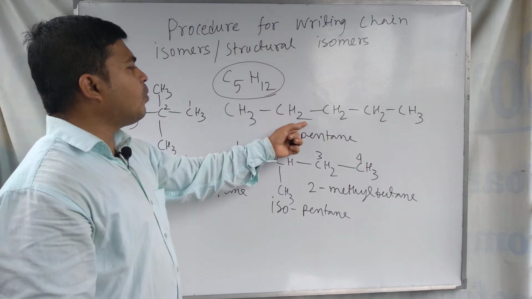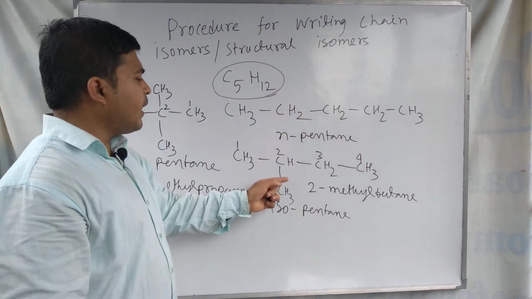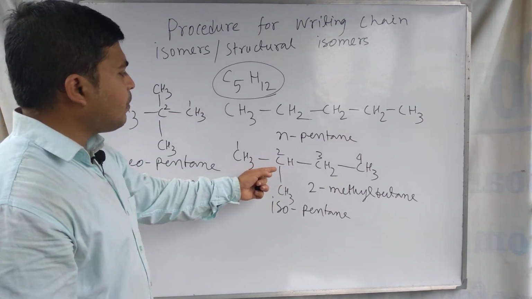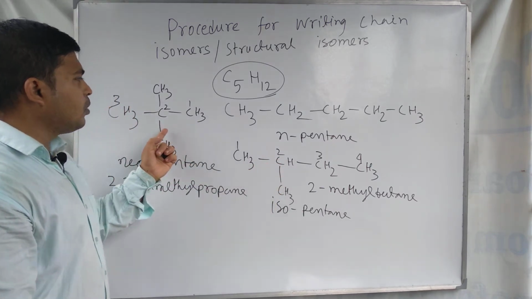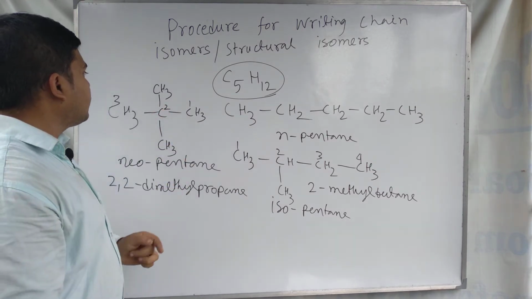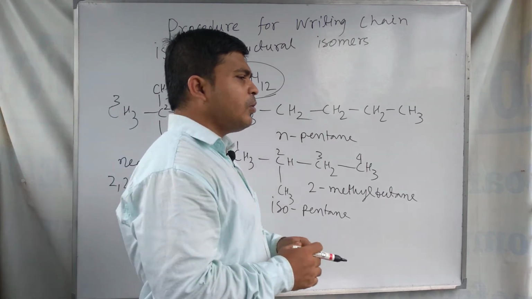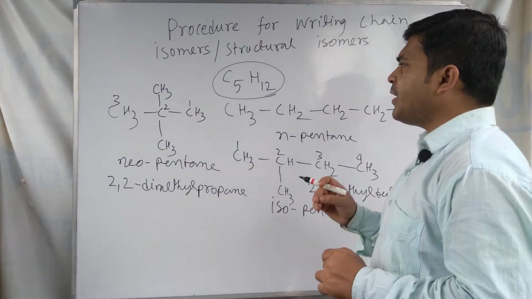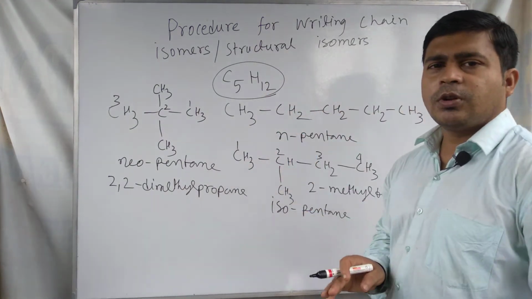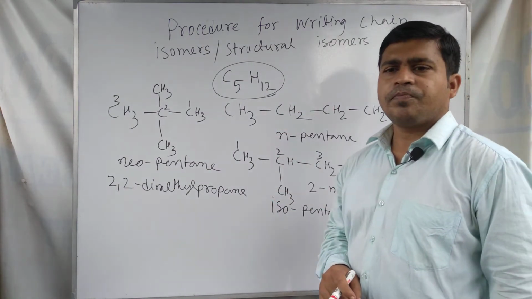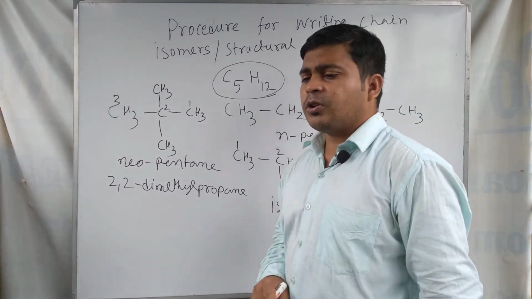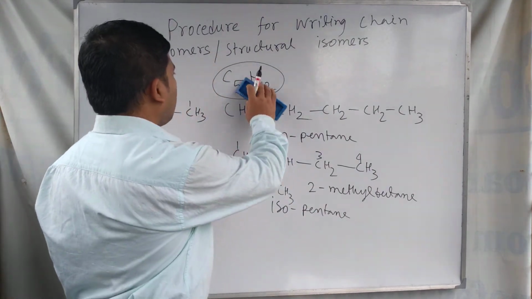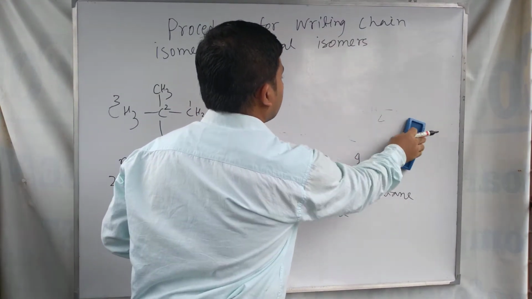Then you cut one carbon from the main chain and write it as a branch carbon, and then produce the second branch, and the next type of compound is produced. You can draw all possible chain isomers of C5H12 this way. Similarly, using other molecular formulas you can draw the possible chain isomers of that alkane.